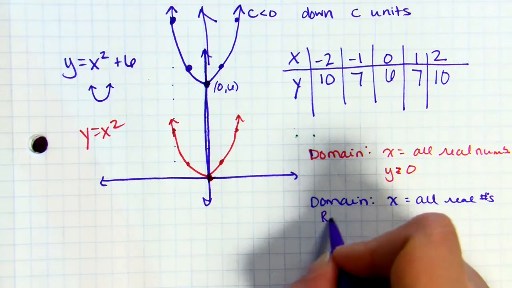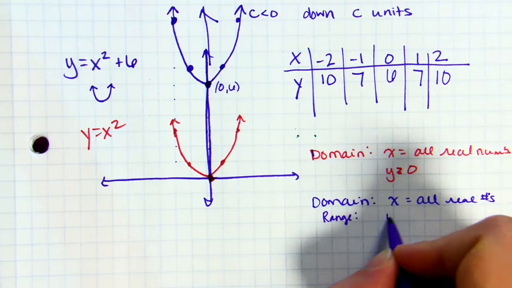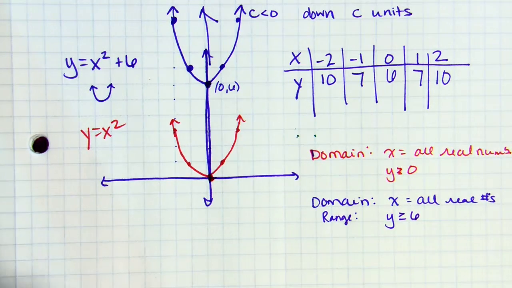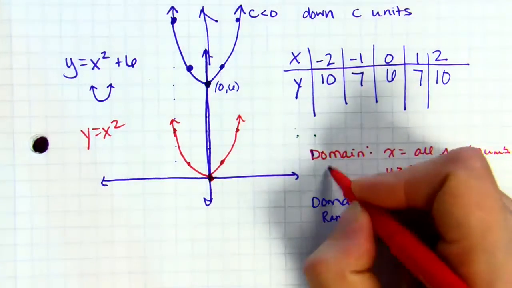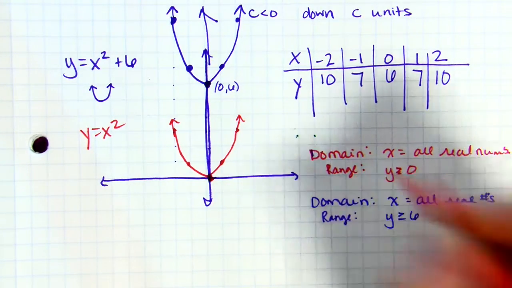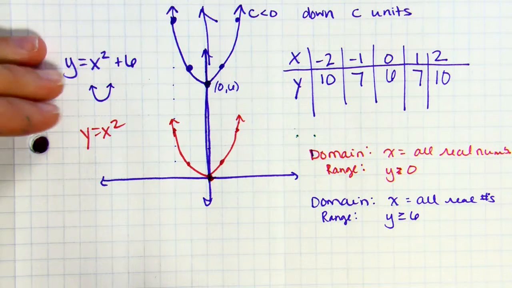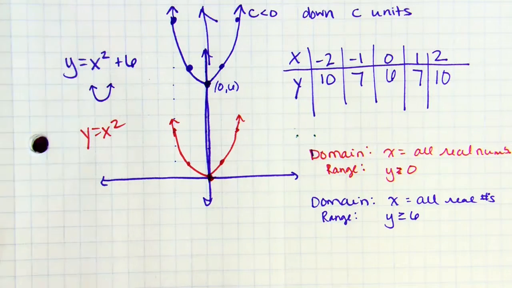So my range is going to be that y is greater than or equal to 6 now, not 0. The whole thing got shifted. So I forgot to write range here. That's just something to keep in mind. So for comparing these graphs, I would say they have the same shape, they open in the same direction, just my x squared plus 6 is shifted up 6 units, and that's how I would compare those graphs.